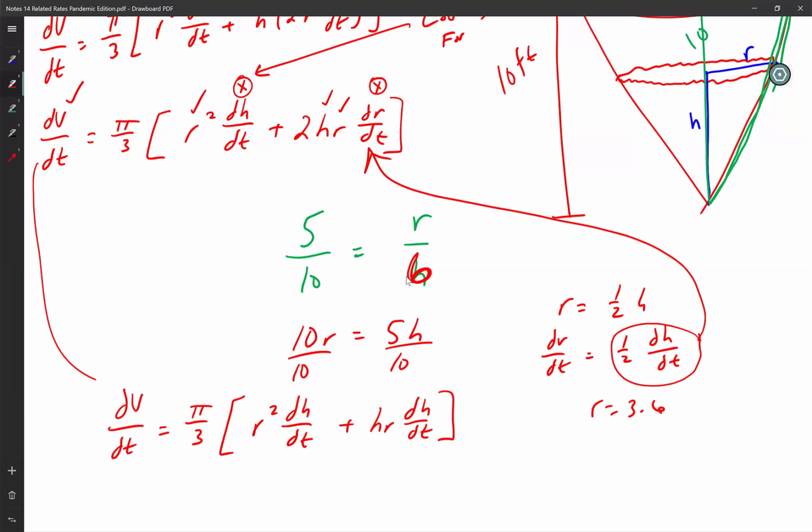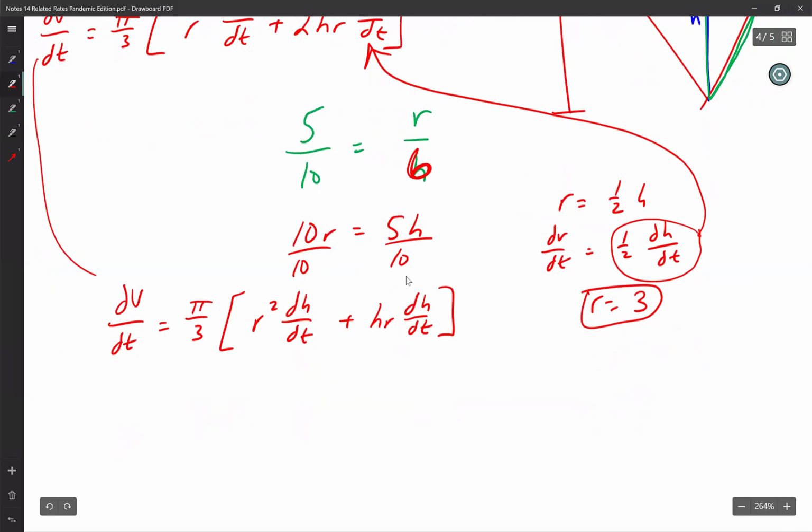Did I do that right? Yeah, you're right, it should be 3. How did I get, oh, it's 30. Man, making mistakes all over the place. Yeah, 5 times 6 is 30, and I said 36. What the heck? Yeah, r is 3.